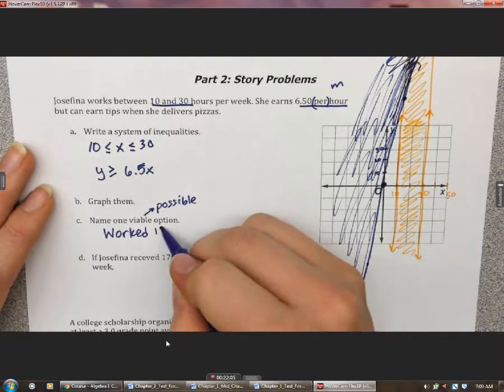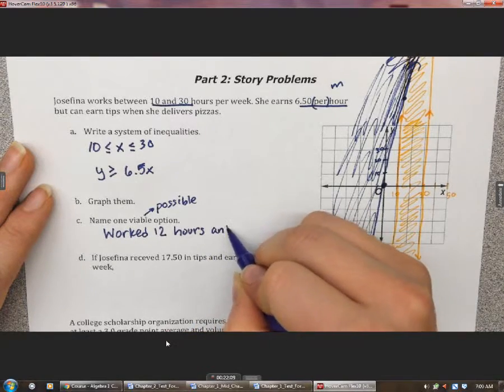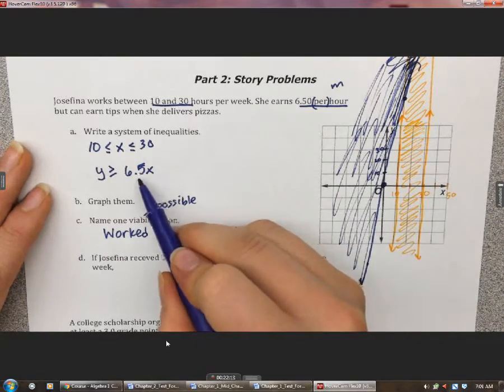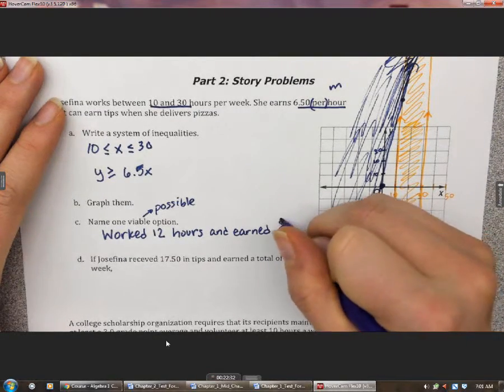She worked 12 hours and earned, if she worked 12 hours, 12 times 6.5, I don't have my calculator. When you're not feeling good you can't do math. 12 times 6, 72, right? 72 plus 3, so I think it's 75.